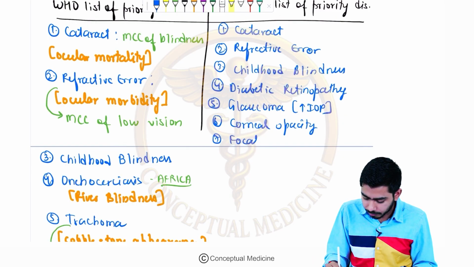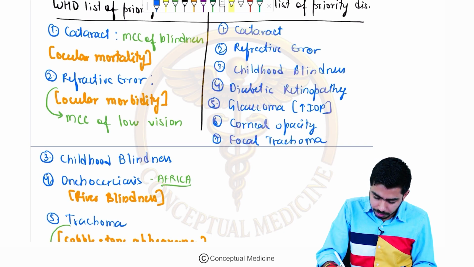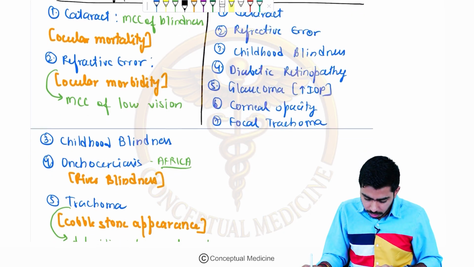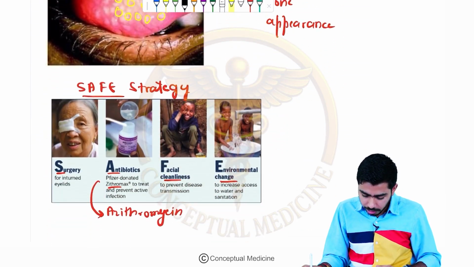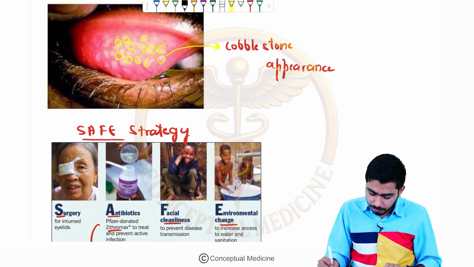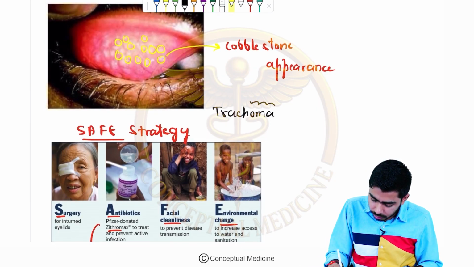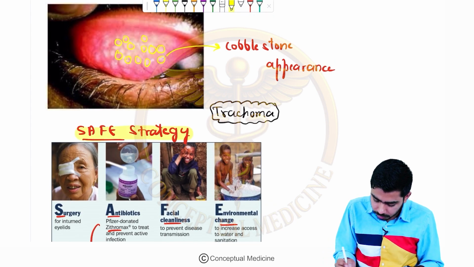Focal trachoma is also included in the Indian list of priority diseases. That is the Indian list, and we have talked about the global WHO priority list as well. We have also discussed the SAFE strategy for trachoma.